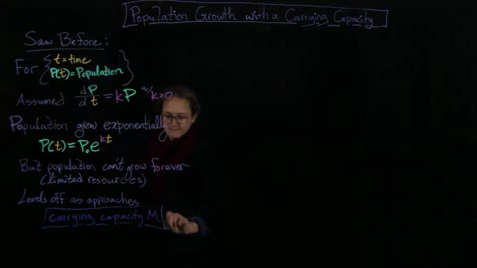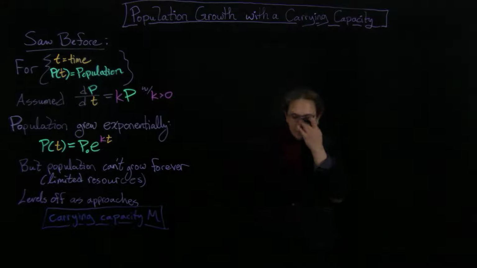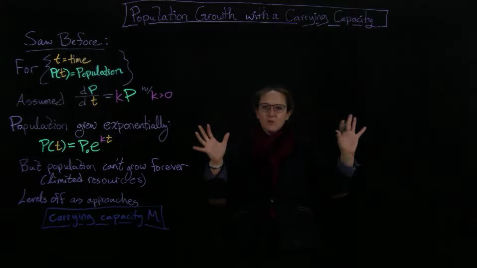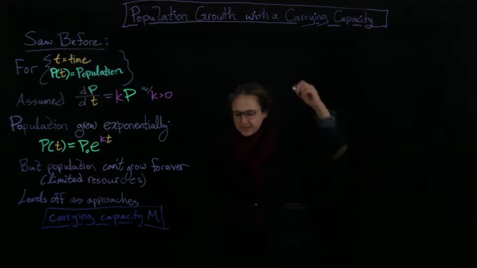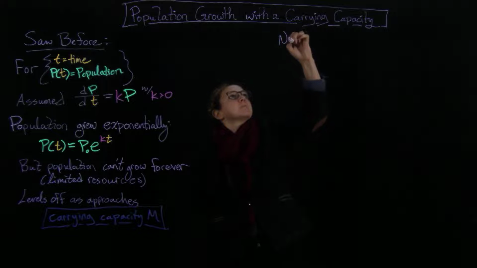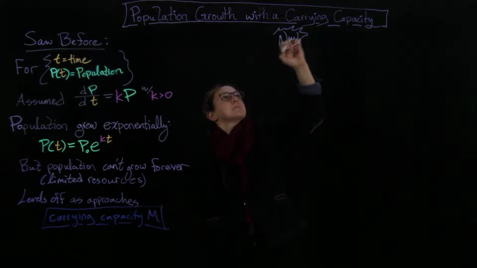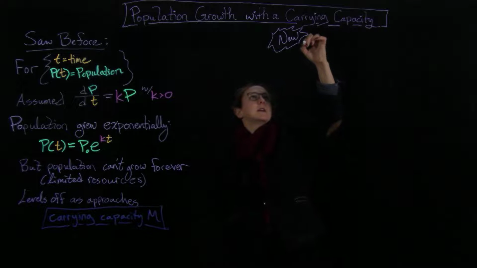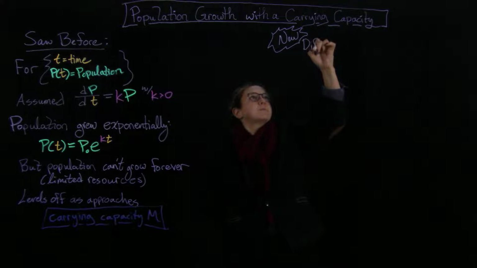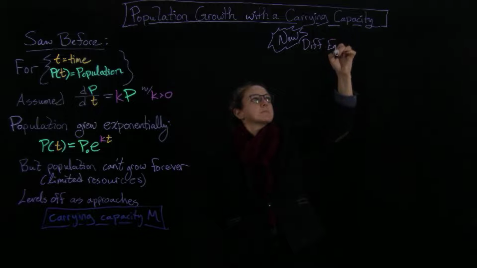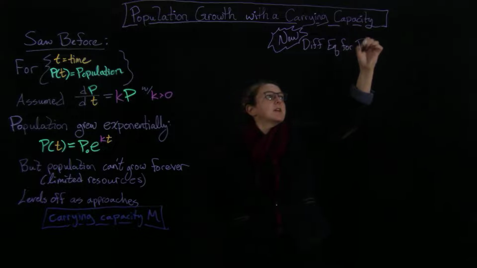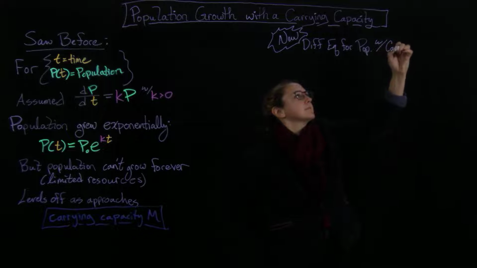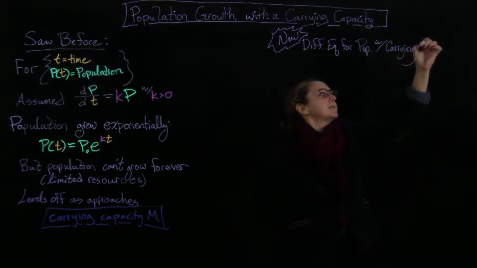So what's new here? Now that we're aware of this situation, what do we do to deal with it? What's new is the differential equation for population with carrying capacity.